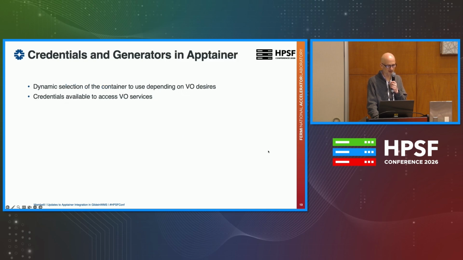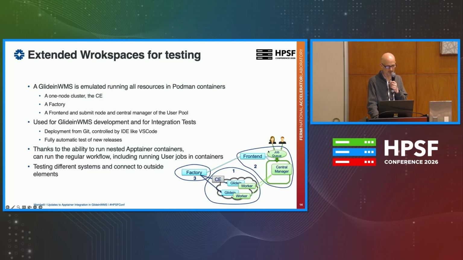How is this used in Apptainer? First, the credentials are available for some time for services running in the Glidein to access CVMFS, other storages, or other services that are used by all the jobs or by specific jobs running in Apptainer. And then the dynamic generators are sometimes also used to select the container depending on the VO and site requirements. We also expanded the testing infrastructure that we use, where we run nested containers.